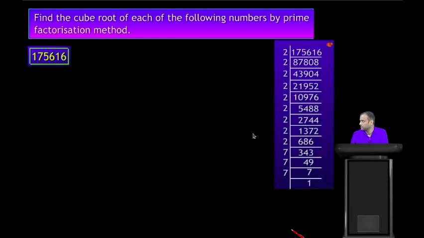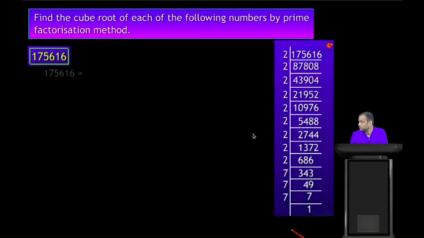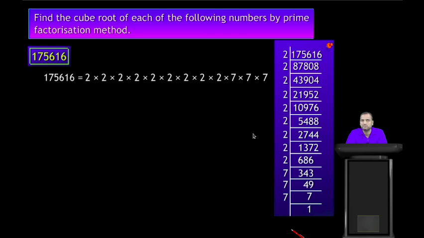Okay, again for this number we can find the prime factors. And these are the prime factors of this number. So this is a very lengthy process if we have a bigger number.